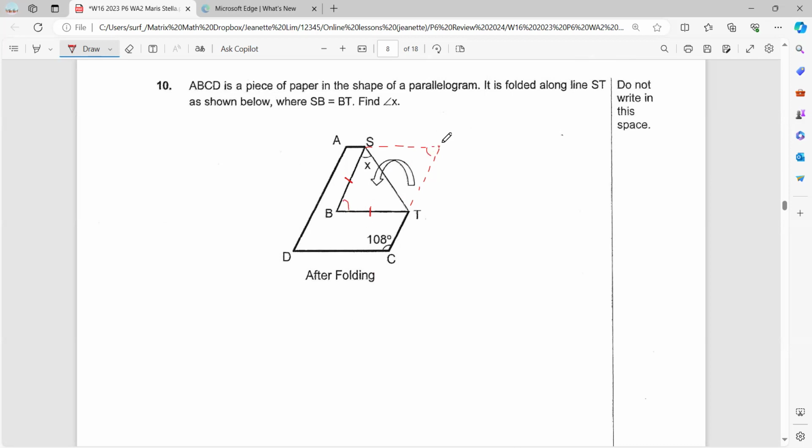Can you see that since it's a parallelogram, you have parallel lines, and the angles between a pair of parallel lines add up to 180. So I can find this angle here. And this angle here is the same as this angle here, angle SBT.